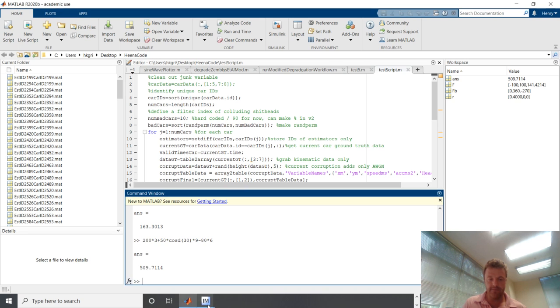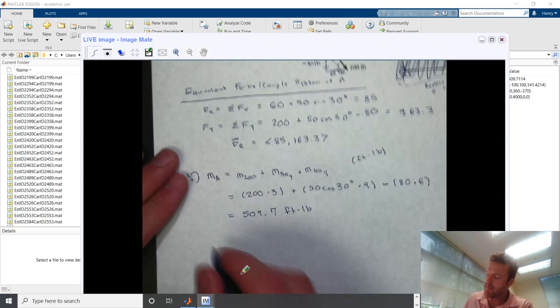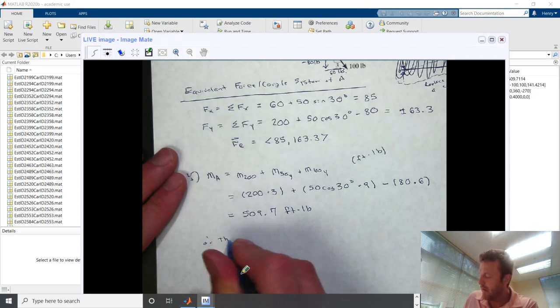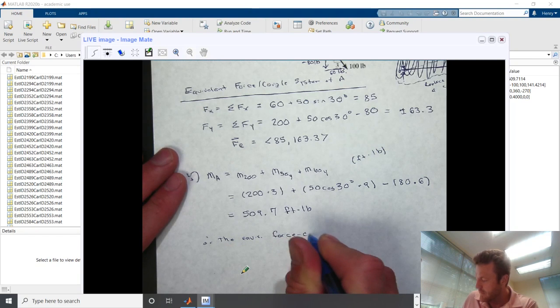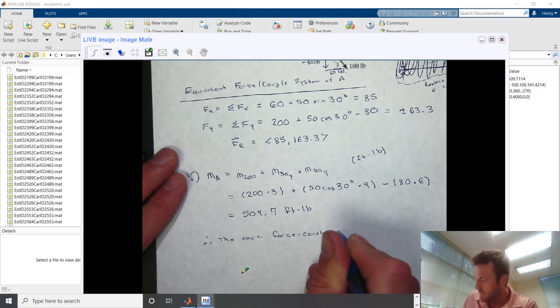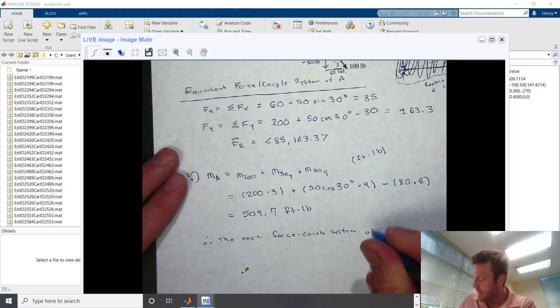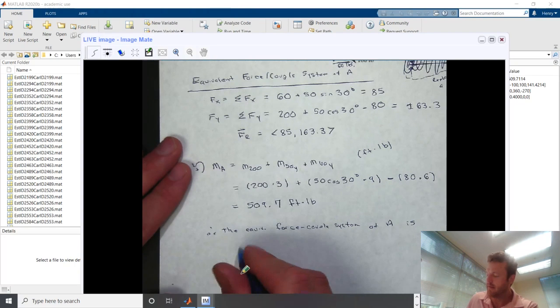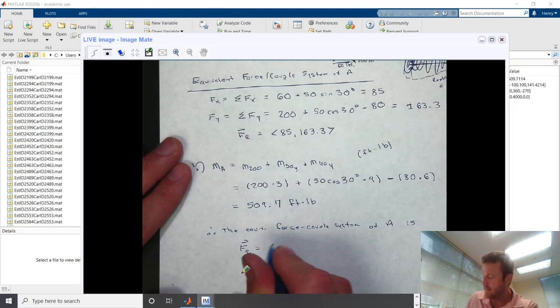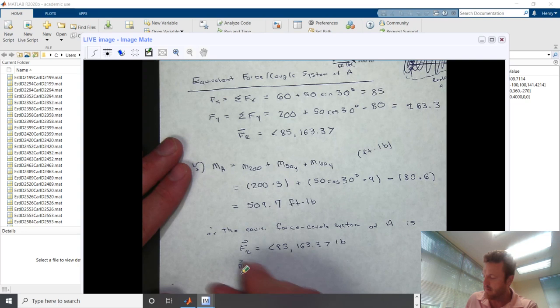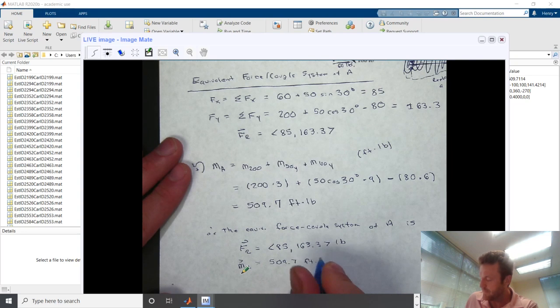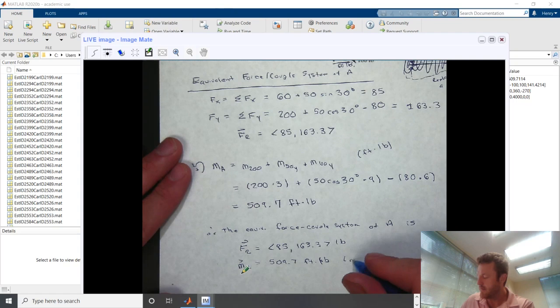So I can go back here, and usually, like if you're entering this in your textbook, what they'll say is that the equivalent force couple system at A is FR is 85 and 163.3, and that's pounds, and MA is going to be 509.7 foot-pounds in the counterclockwise direction.